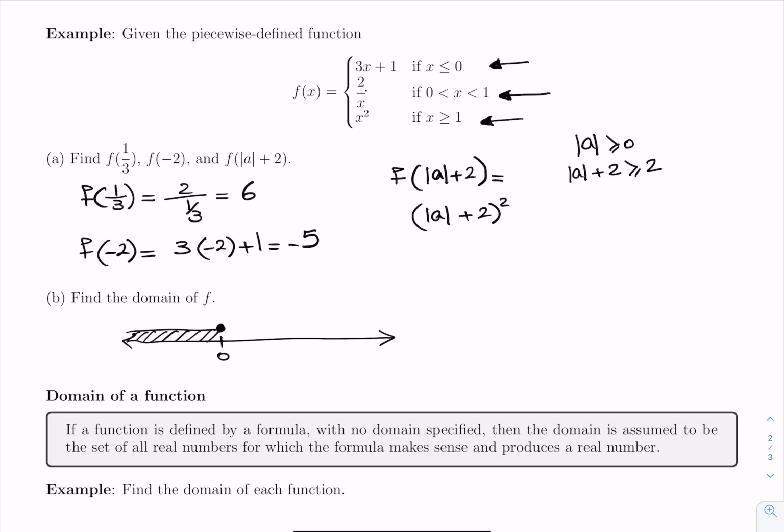The second interval, everything between 0 and 1. And the third interval, all x greater than or equal to 1. So if you consider the union of all these three intervals, we get all the real numbers, everything from negative infinity to infinity.